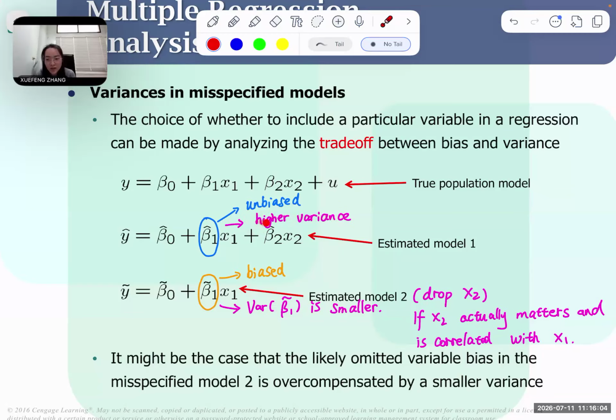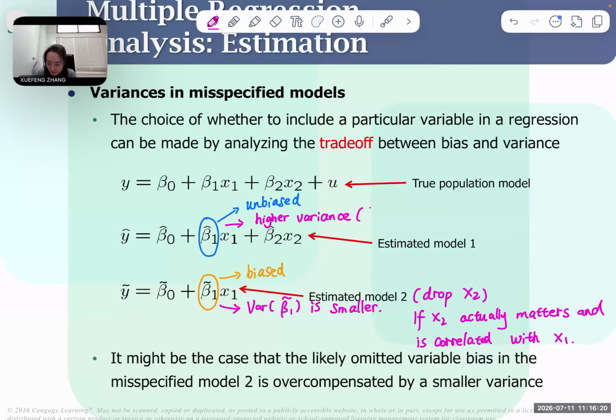Variance just means how precise the estimate is, okay? Because this is higher variance, so less precise. Let me write it down for you. The other way around, the variance of beta 1 tilde is smaller, which means more precise.